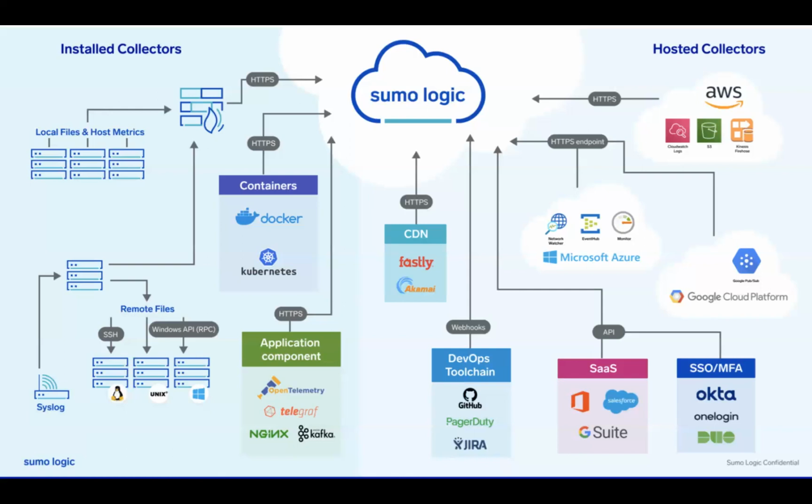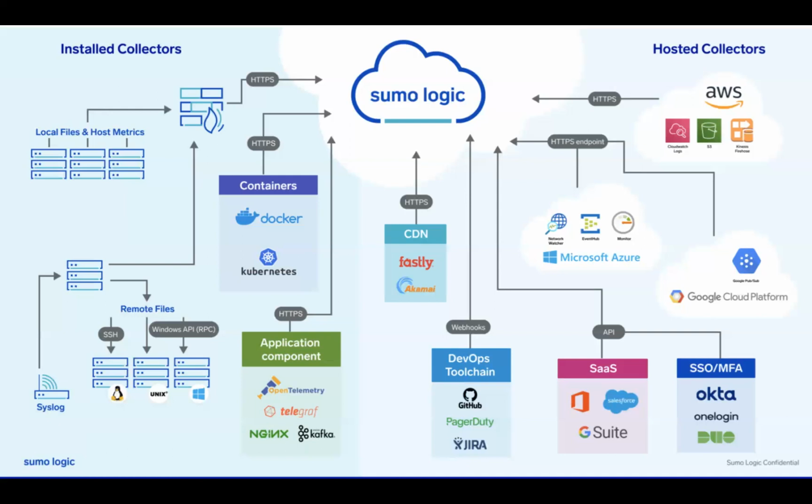We don't need to install any collector or agent there. It collects the data from your, say, AWS, GCP, or Azure environment, or for that matter any of your SaaS-based offerings, using the API method of collection, and sends it to Sumo Logic. For example, suppose you have an S3 bucket where the data is residing.